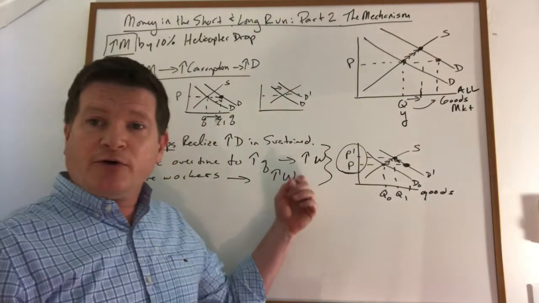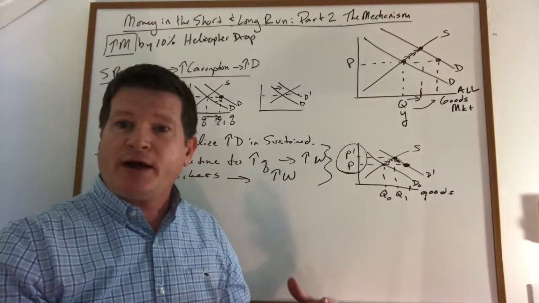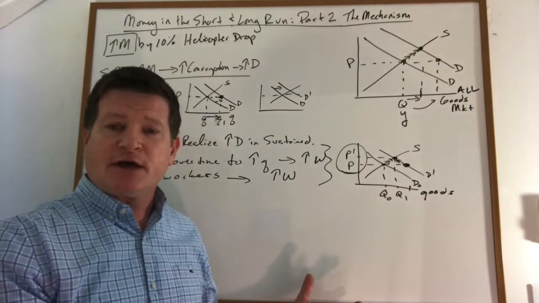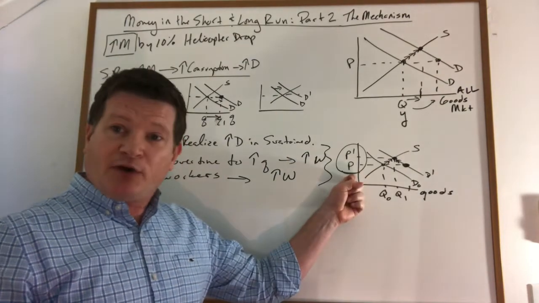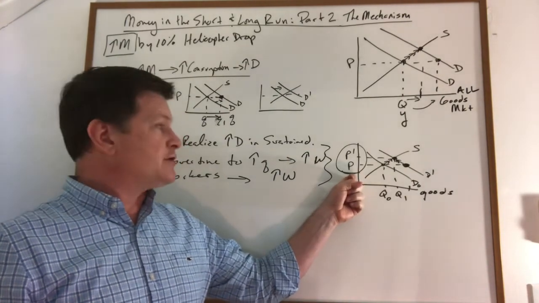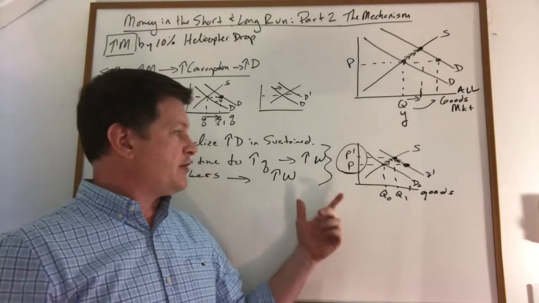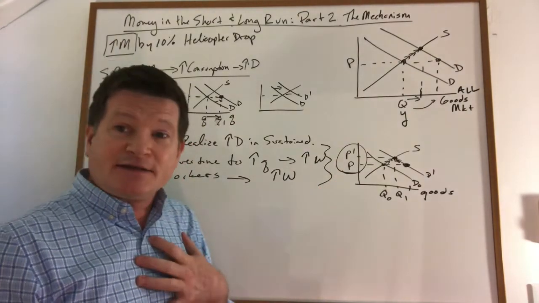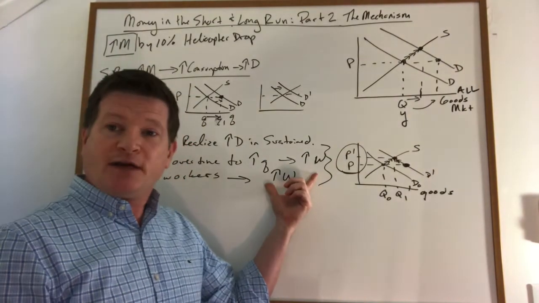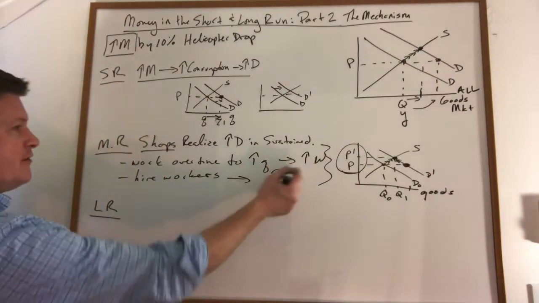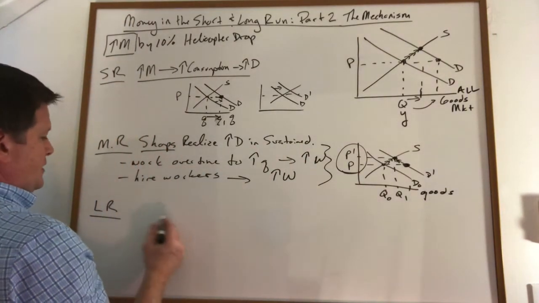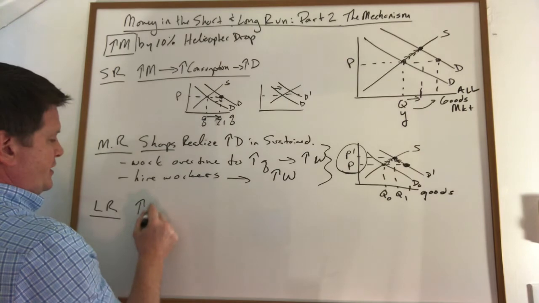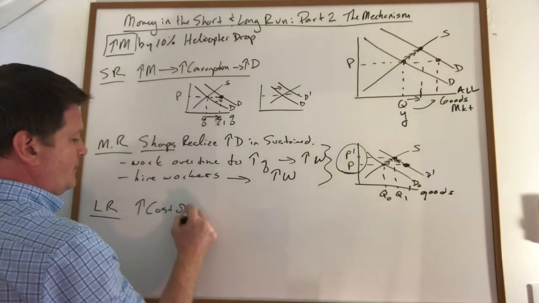This shop owner who was buying bread and making sandwiches sees the price of bread go up from the bread producer, so he also has to raise the price of sandwiches. At the same time, everybody's seeing wages go up. So all of this pressure puts upward pressure on the costs of production.